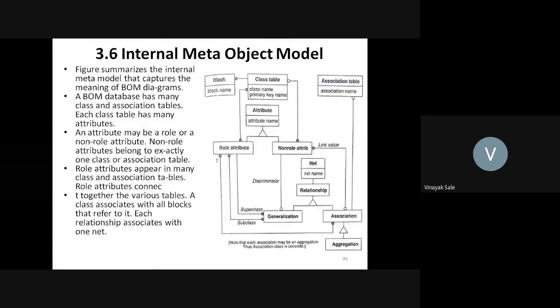Then the internal meta-object model. The figure summarizes the internal meta-object model that captures the meaning of the bill of material. A bill of material database has many class and association tables. Each class table has many attributes. An attribute may be a role or non-role attribute.